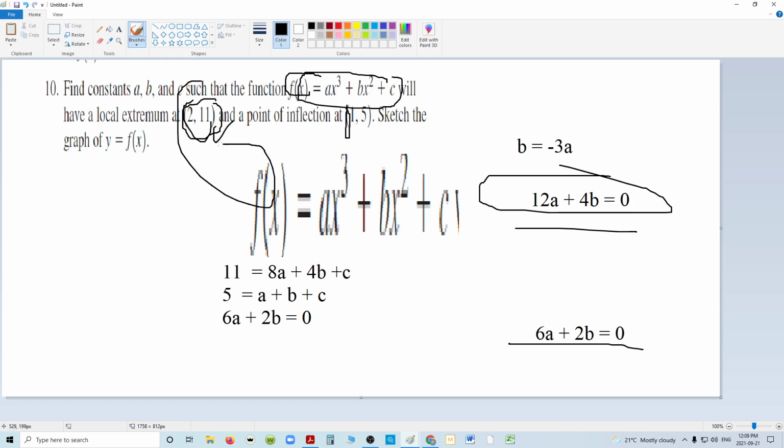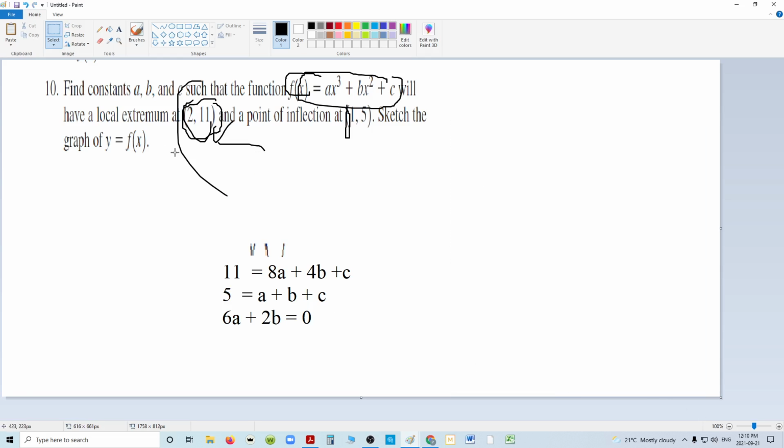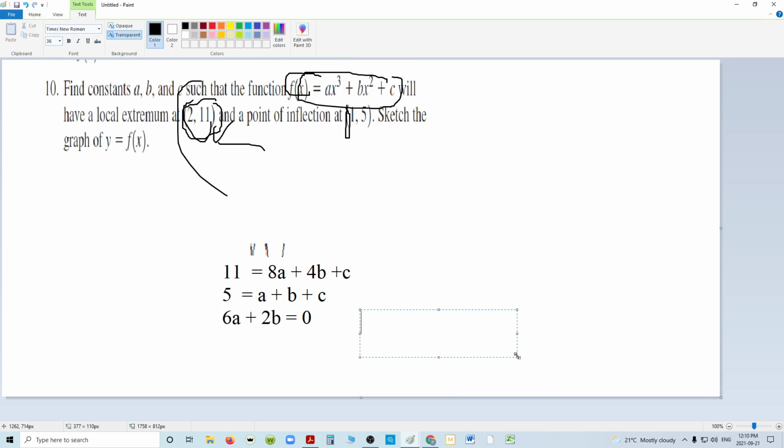How I came up with these other two is because I had a y and x value that will fit on the graph, right? It has to fit on the graph. So I'm going to get rid of this. And now that I have the formulas, we're going to look at the second formula, in which I just determined that b is equal to minus 3a. If I replace it up here, I get 5 is equal to a plus minus 3a plus c, so minus 2a plus c.